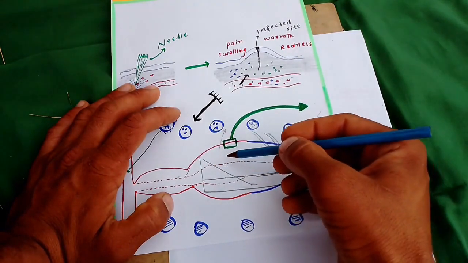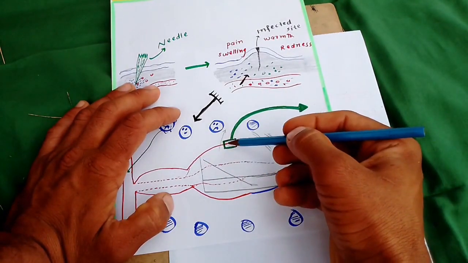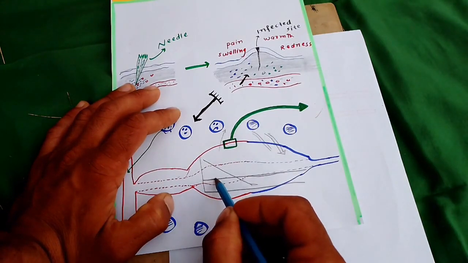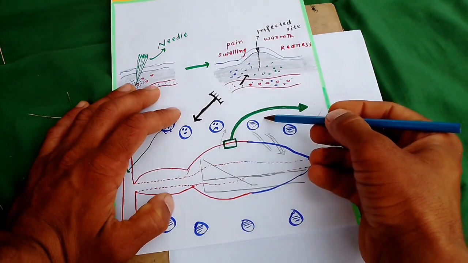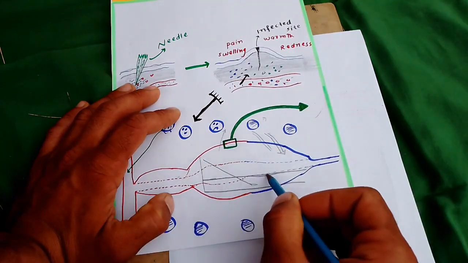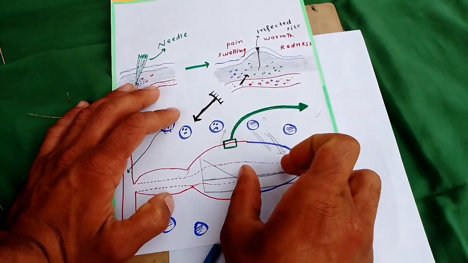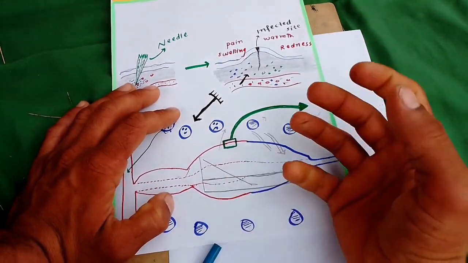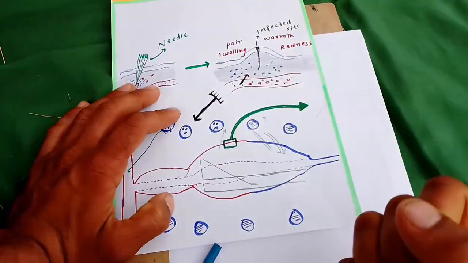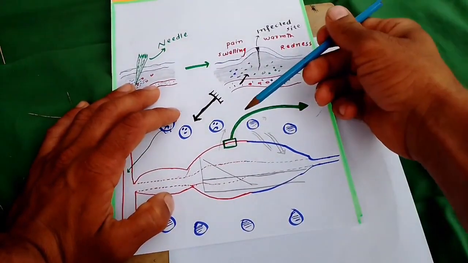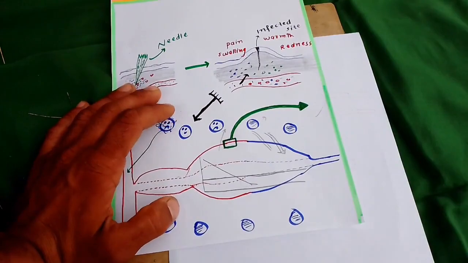The other pressure falls down because it is due to the water, and when the water goes out, the pressure falls down. But this pressure is due to the protein, and protein does not go outward, so it stays normal. When water goes out, this area becomes more concentrated with less water, so it attracts more water, more fluid back to this area, so the pus, etc. comes back to the blood vessel.